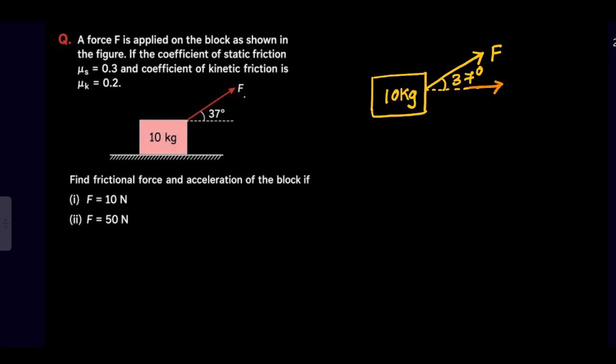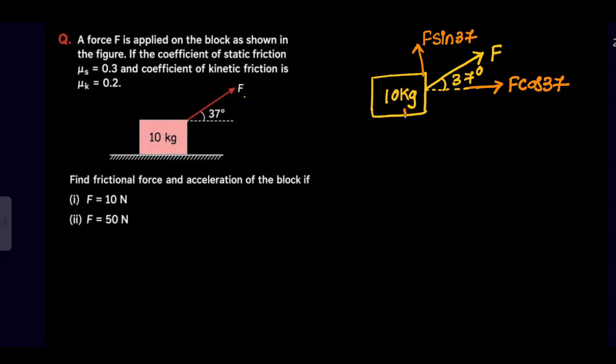So this component, 4 by 5, is F cos 37. And in the upward direction we have F sin 37.